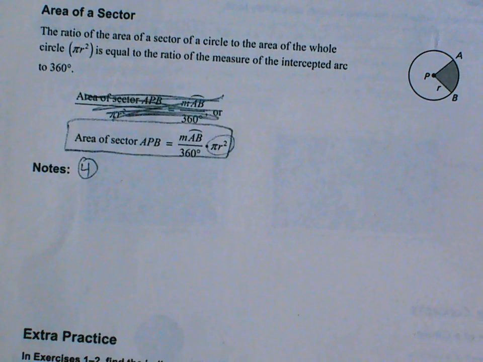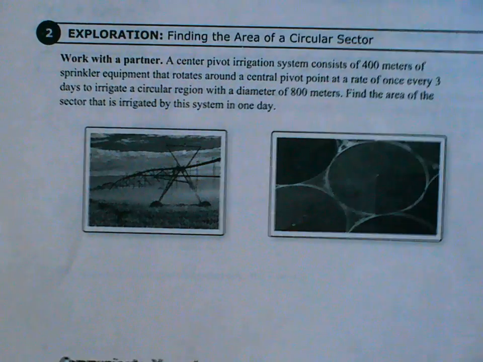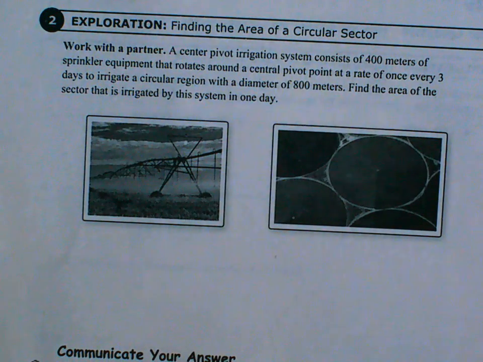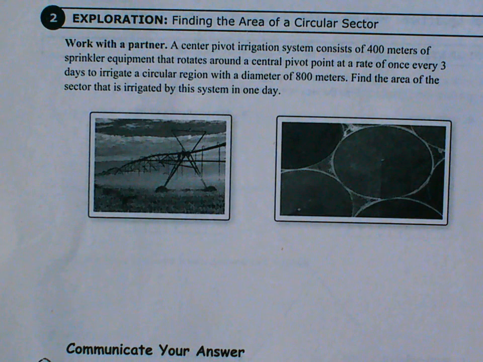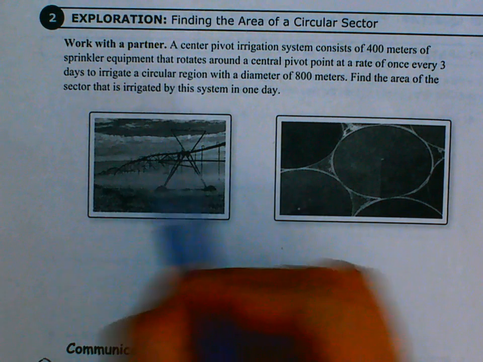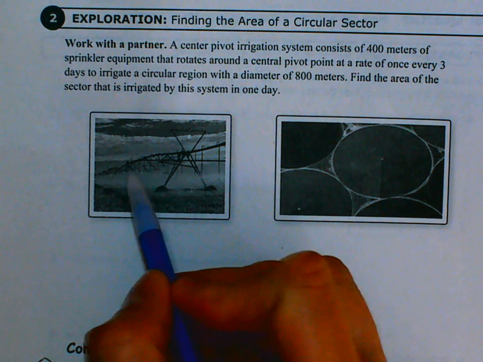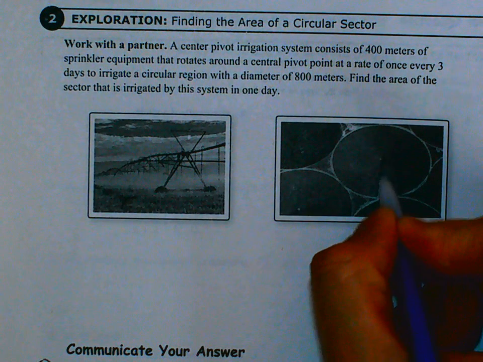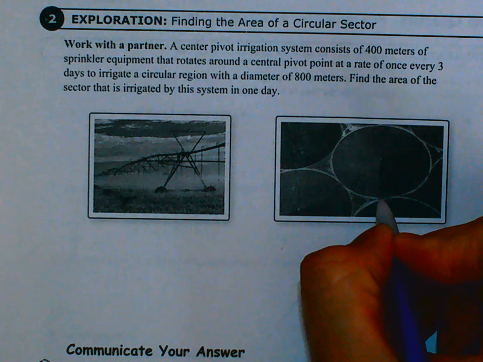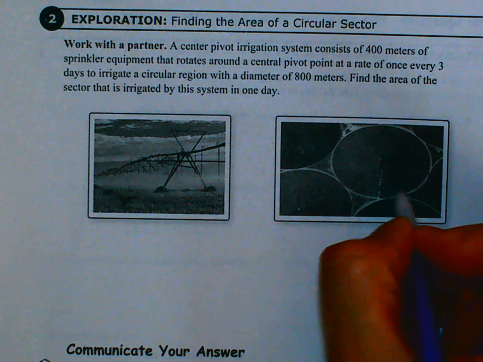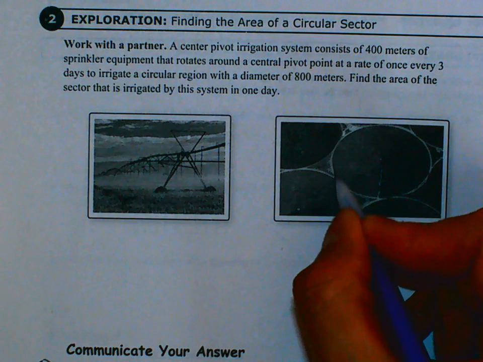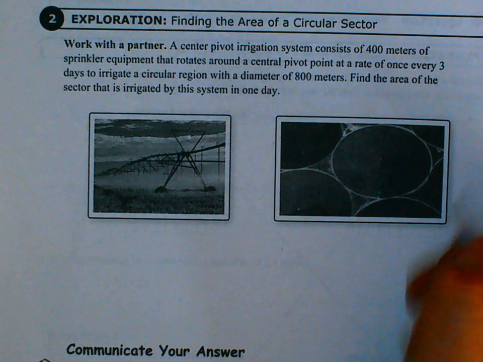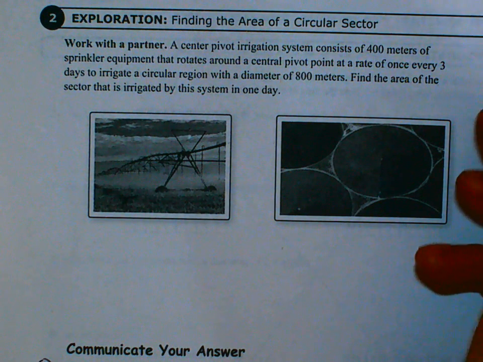Now, let's go back to the second part of the exploration on page 320. This is a really nice problem I want you to look at. Here's what you've got. These devices are 400 meters long and they stand across a circular crop, and with time, they rotate around, making sure that the whole field gets enough water for whatever plantation they're trying to grow.